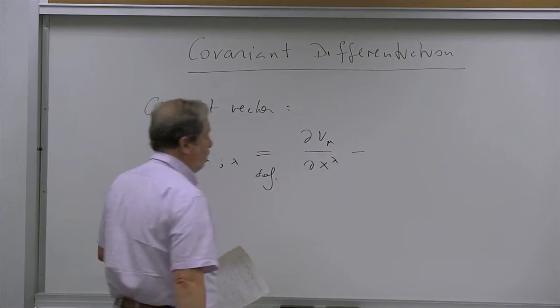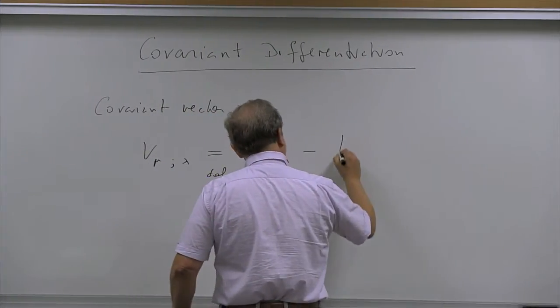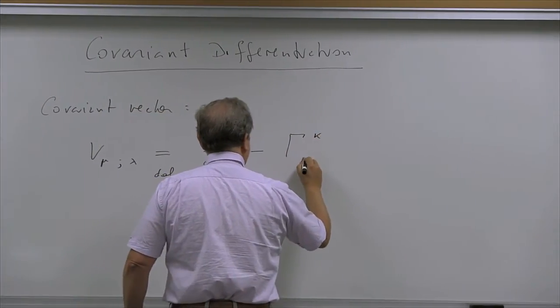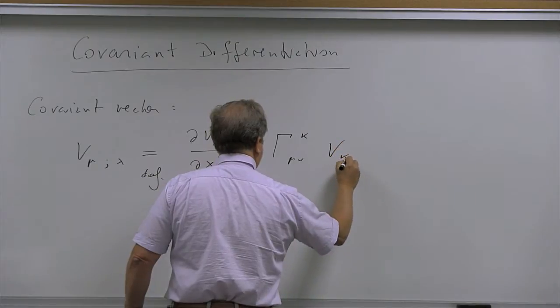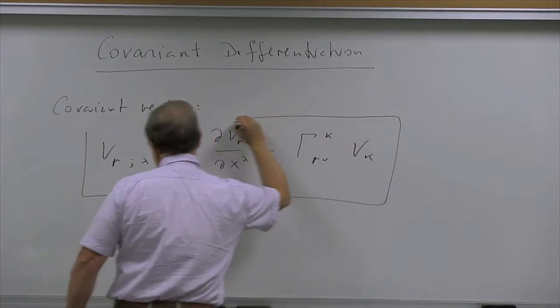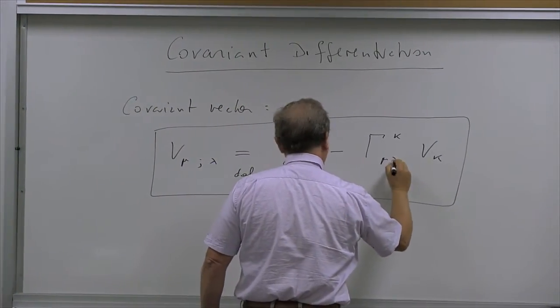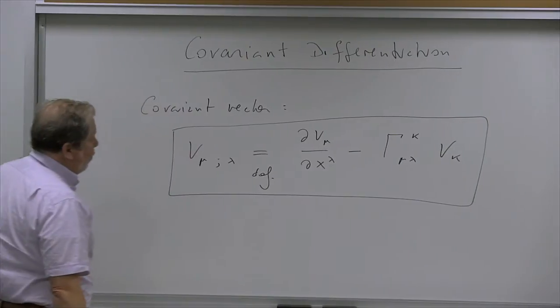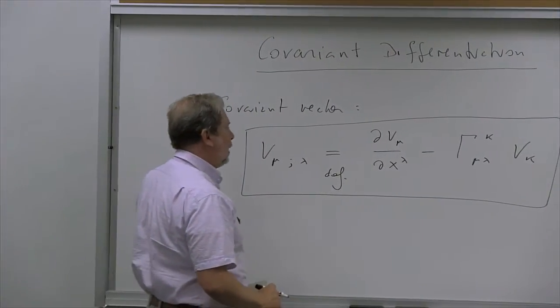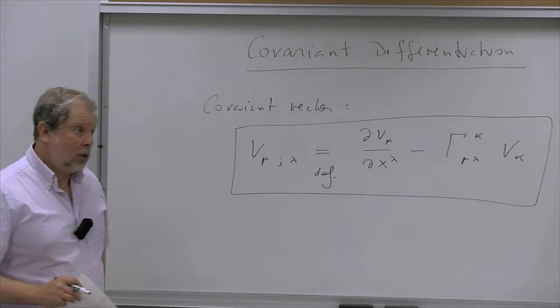And now in this case, you have to subtract out the affine connection term, which is minus gamma k mu lambda times vk. So if you have a covariant vector, then you have to have this opposite sign. Otherwise, it's the same story, right?